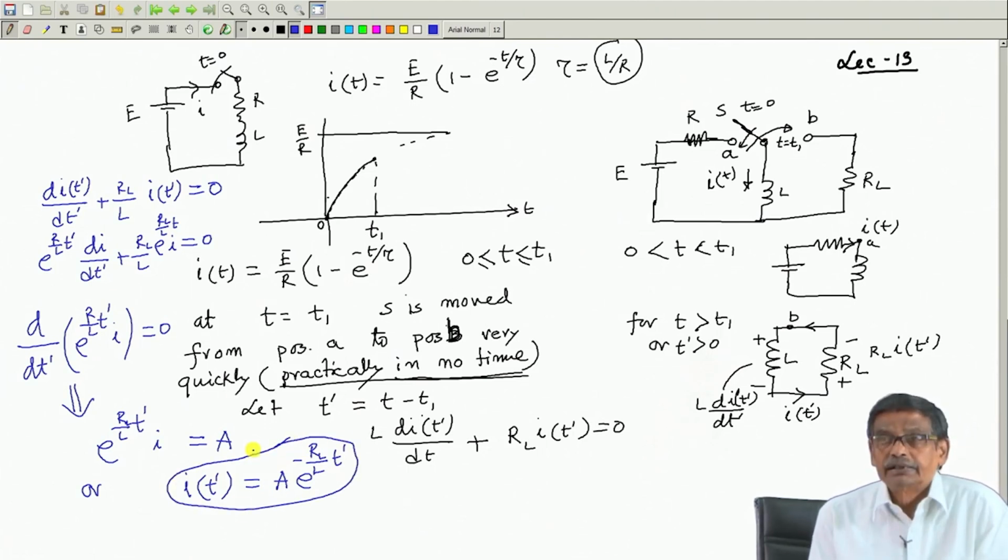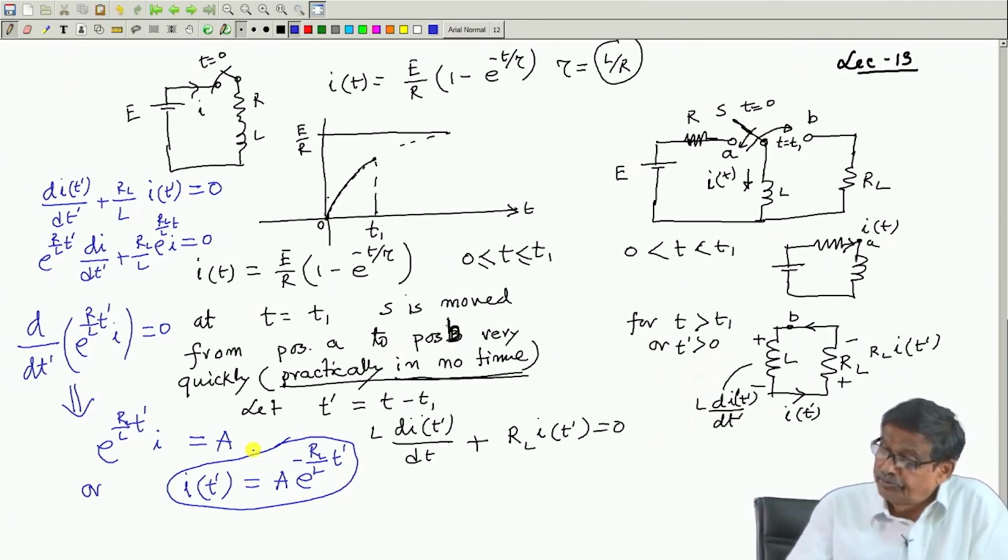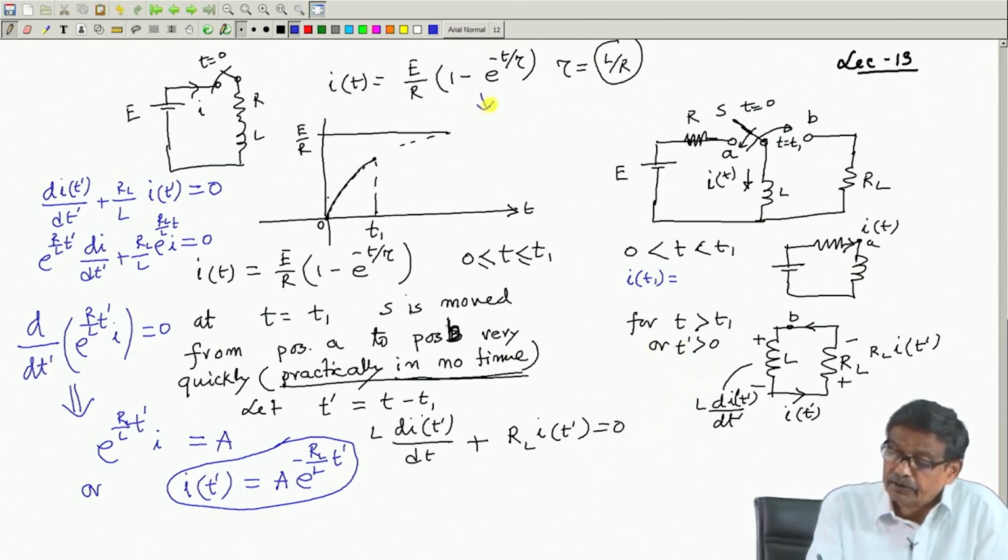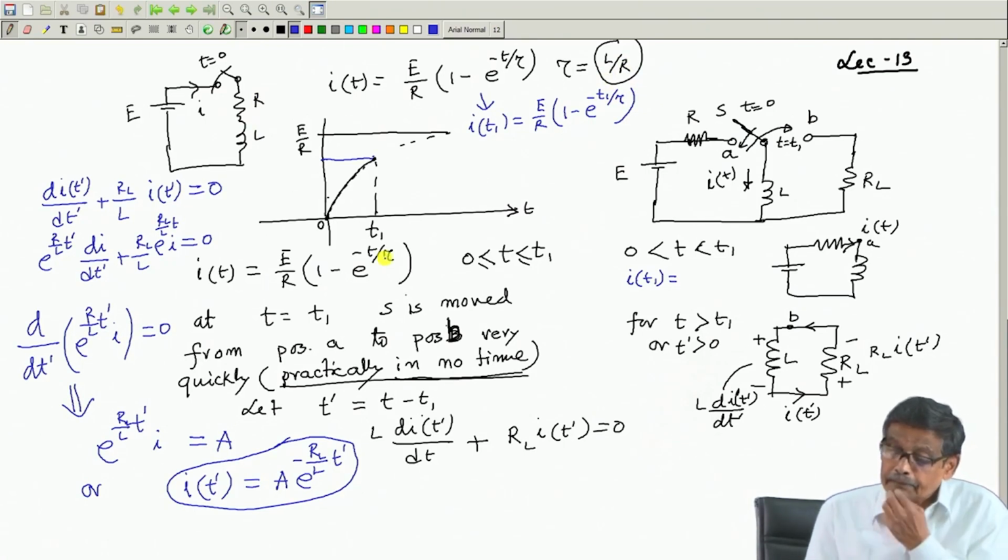Now, the question is, what is the value of this constant? The value of the constant is to be found out, because you know that I t 1, from the previous example, from this circuit, is equal to E by R into 1 minus e to the power minus t 1 by tau, where tau is L by R for this circuit.